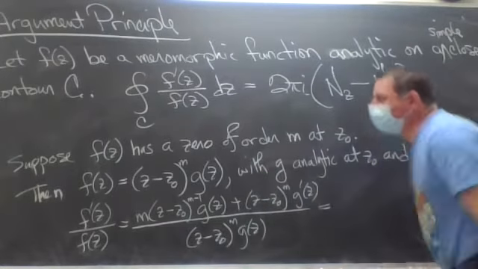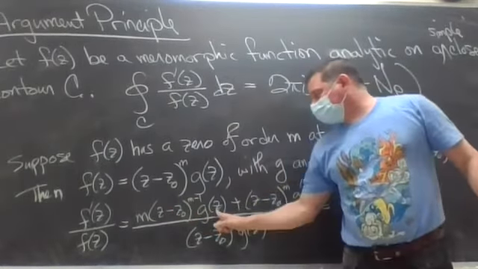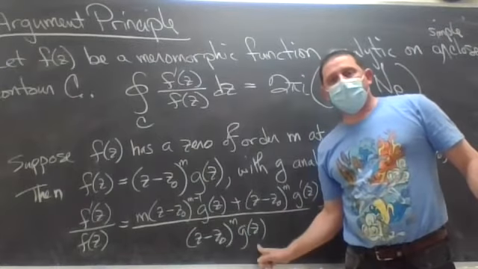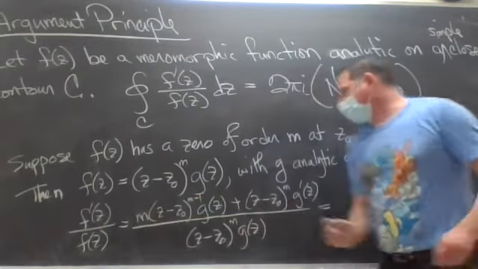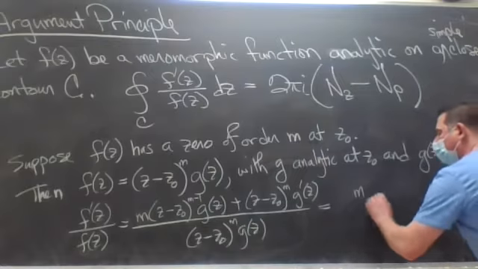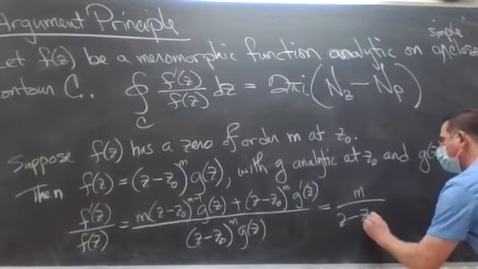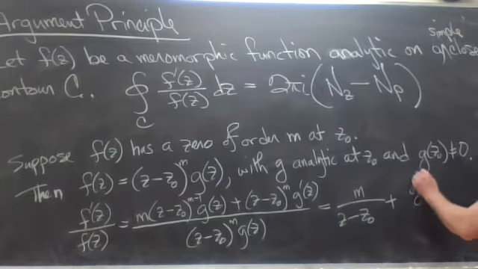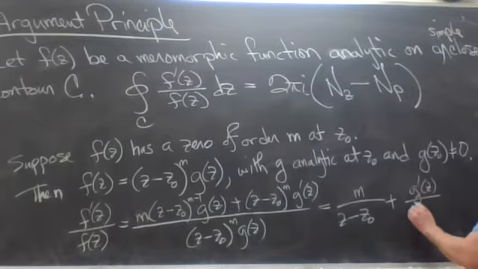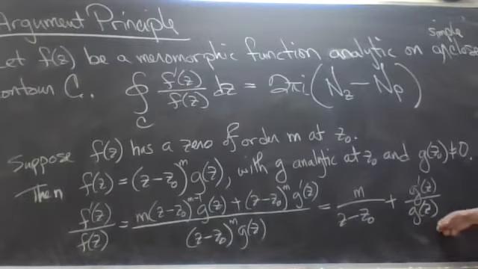Splitting this up, we find that the g of z cancels in the first contribution, and I'll have m over z minus z naught. In the second term, we just get g prime over g.